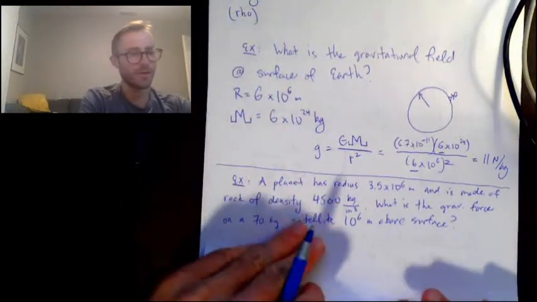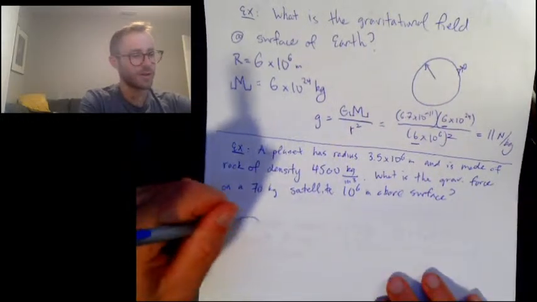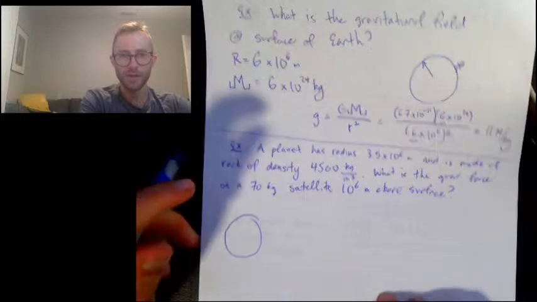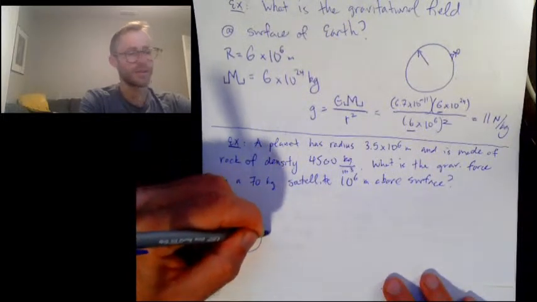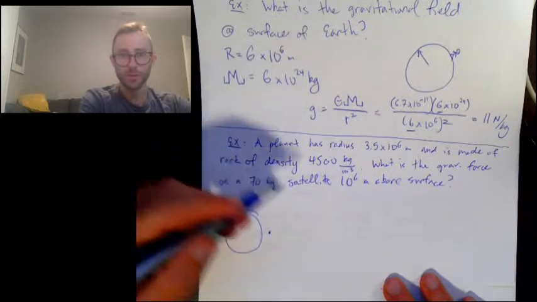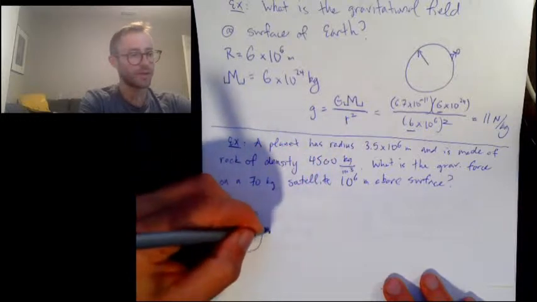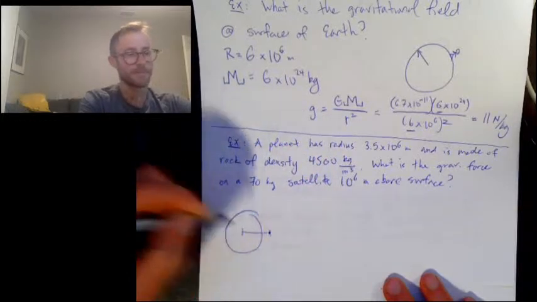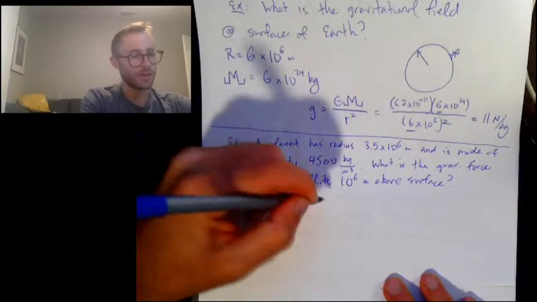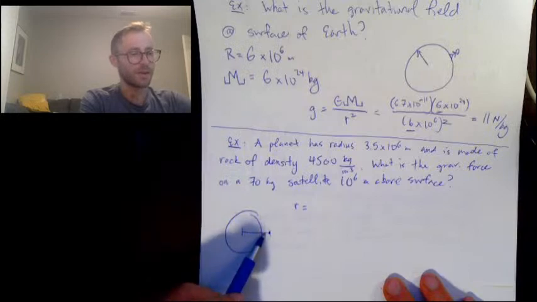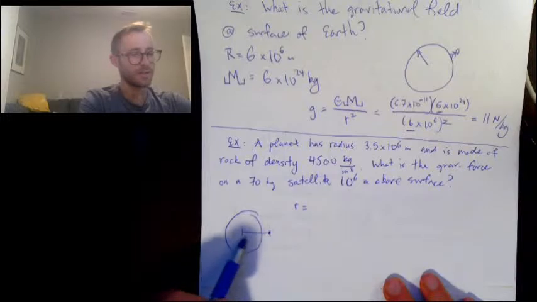So this is a more complicated problem. What we have here is a planet, and then there's a satellite that is above the surface. When we think about how far the satellite is from the center, the R value is going to be the sum of the altitude, which is 10 to the 6th, and the radius of the planet.